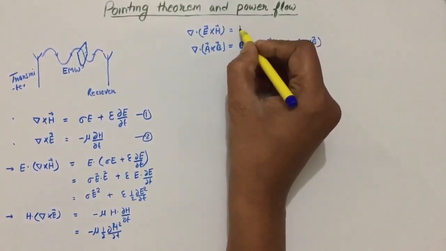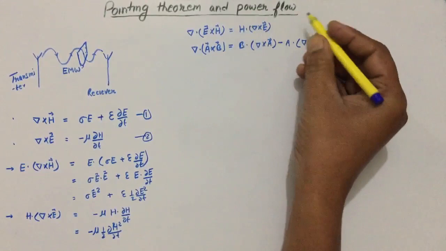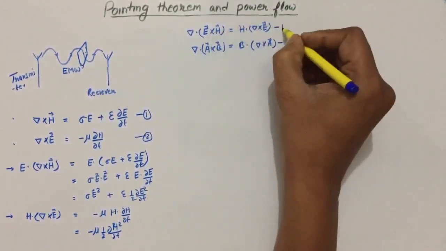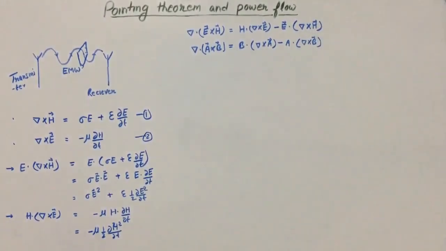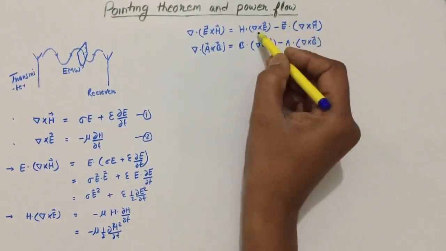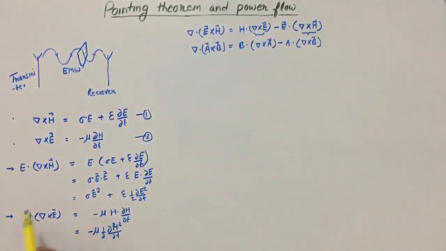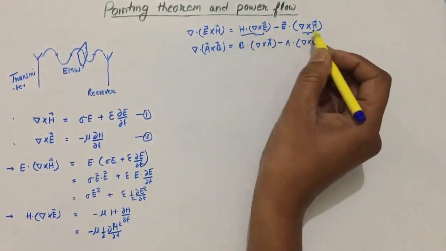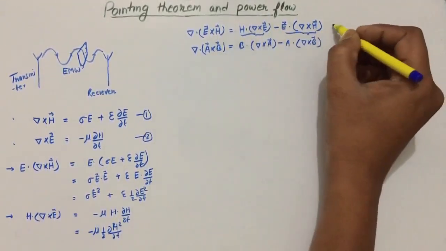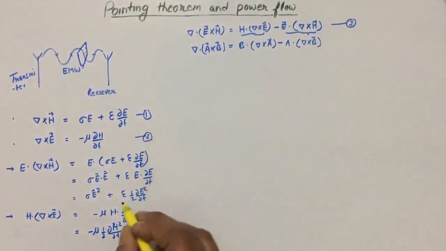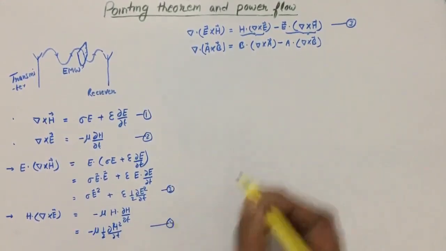On the basis of that, it will be H dot del cross E minus, A will be there, that is E dot del cross H will be there. And if we have this relationship, we have this and this already known value. Not only this, we have this term and this term from here. So put it in equation third, this is equation third, fourth and fifth.